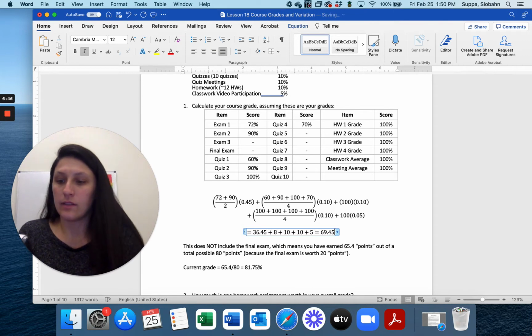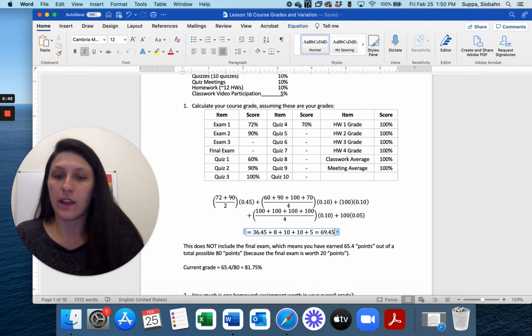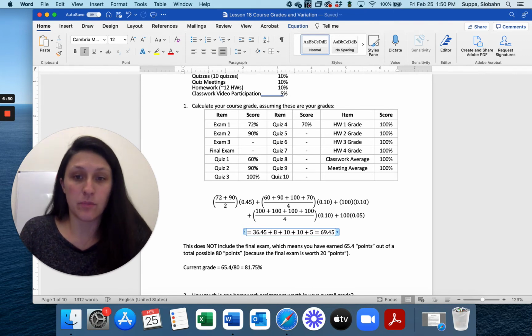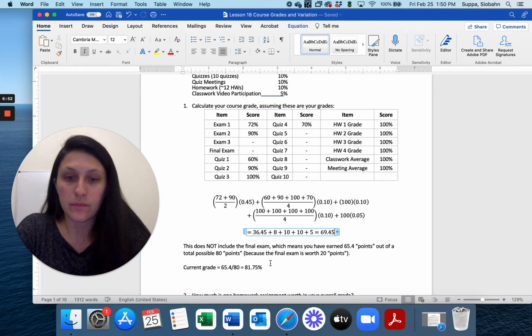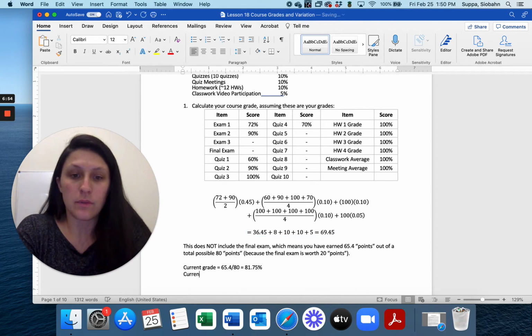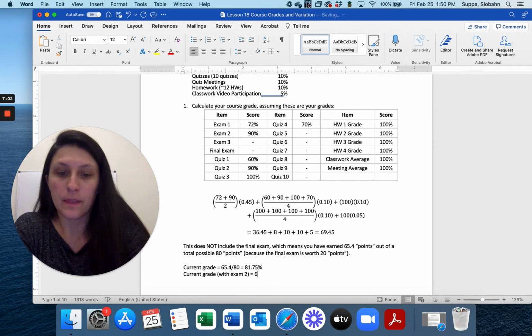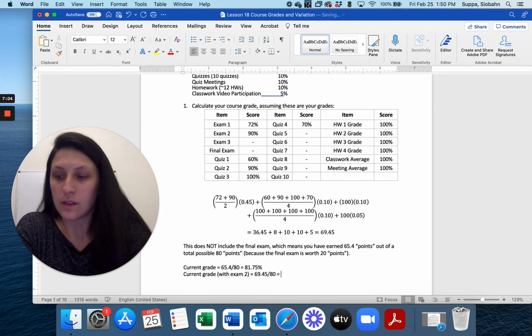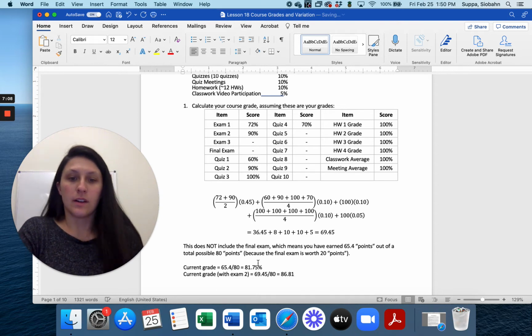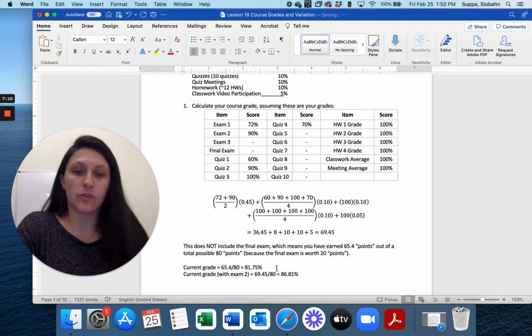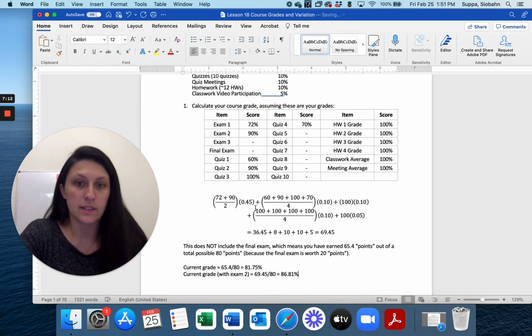And now 69.45 out of 80, because you've still only had 80 points since you haven't taken the final, with exam 2, this would bring you up to 86.81. All right, so that brings up your final grade there by about 5 points.